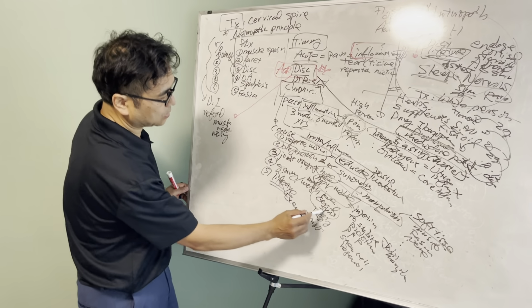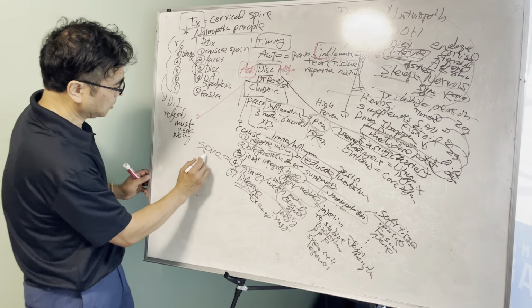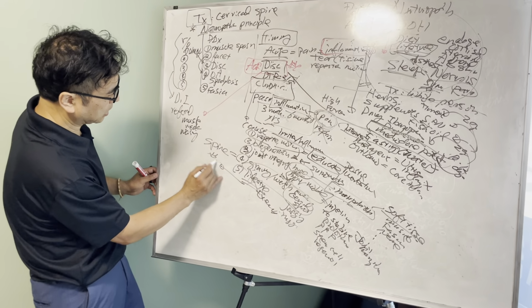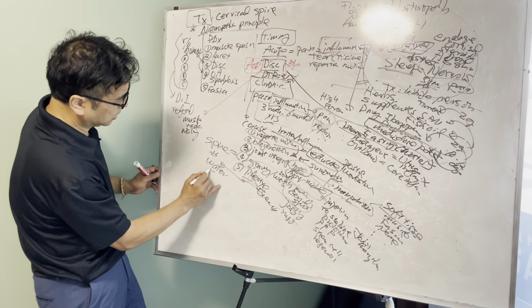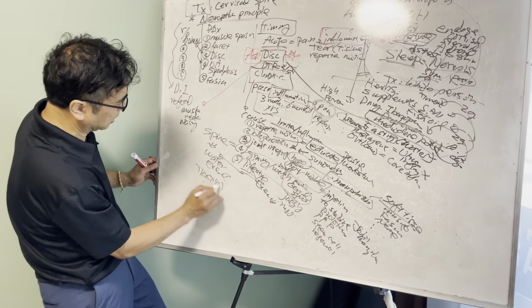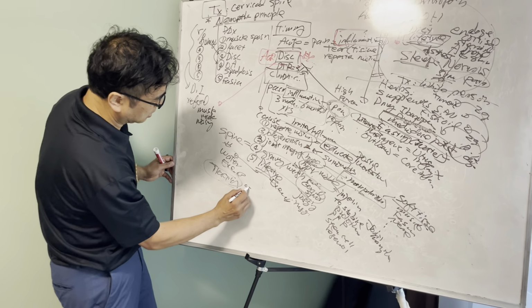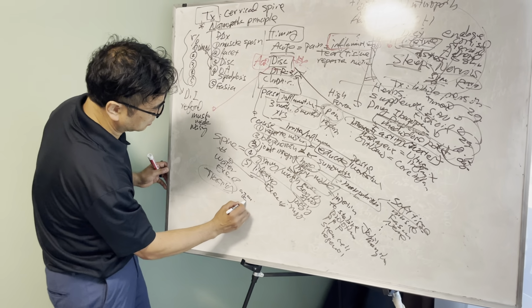Gravity and the weight. On the cervical spine or any spine, the gravity is a factor, so you need to tell the patient to do exercise, get into water exercise, and then do the traction. You got to do a lot of traction to go against the gravity.